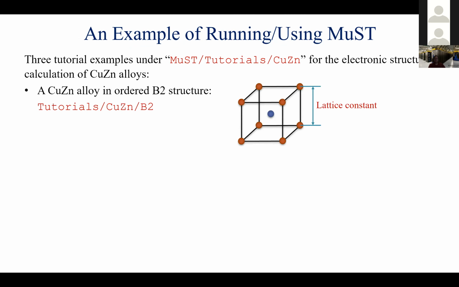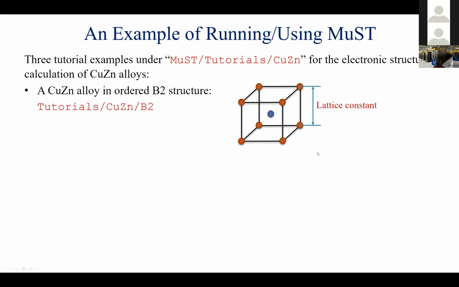So how do we deal with copper zinc? We have three different structures to look at the copper zinc alloy. One is called the B2 structure. Basically, we calculate, if copper zinc arranges in this ordered structure, how we use the MuST package to calculate the energy of that system.